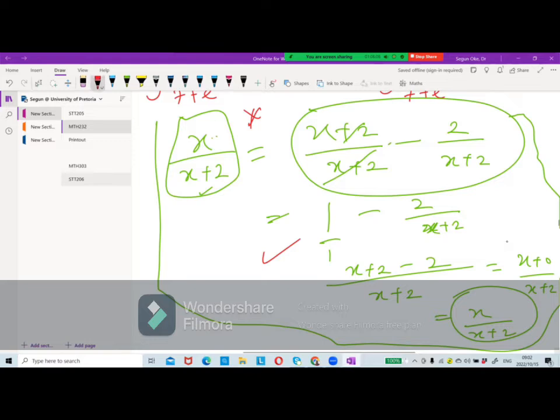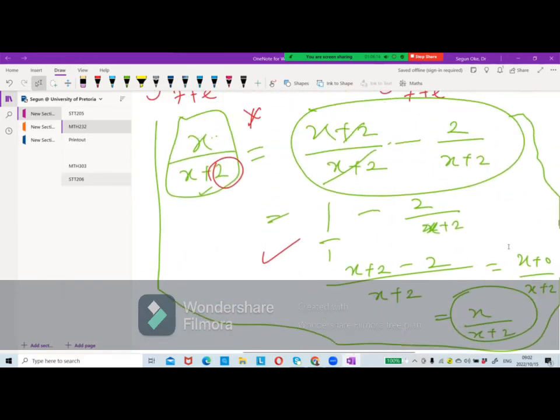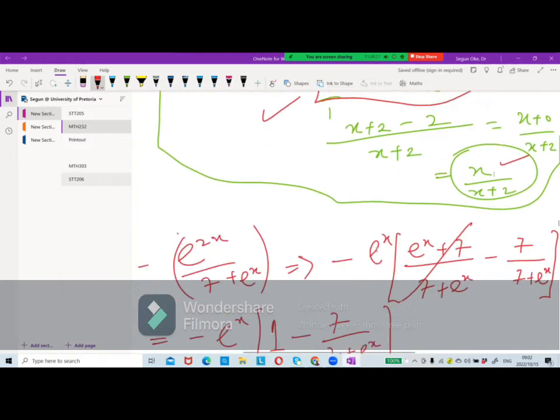Remember, we only play with this parameter, this value. Then we arrive at this. This is our solution. This is our solution initially. I just prove it further for you to see that you are still going to arrive at this again. Now, we want to apply the same thing to this.